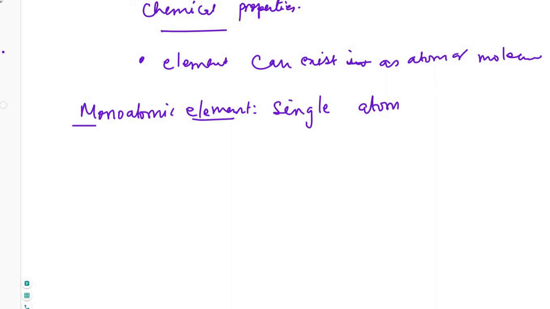What are the examples? Inert gas. This is also called noble gas.